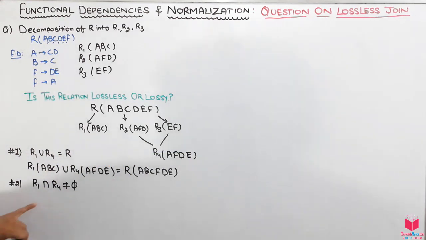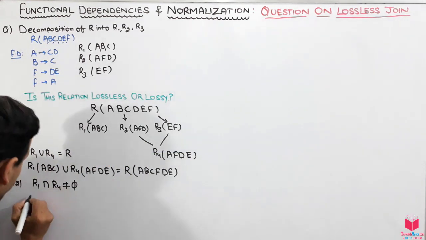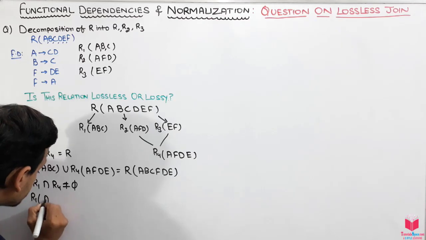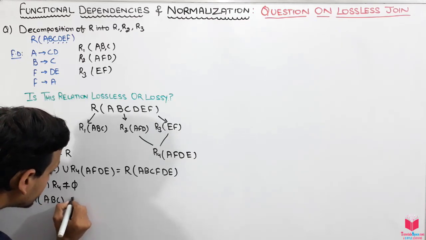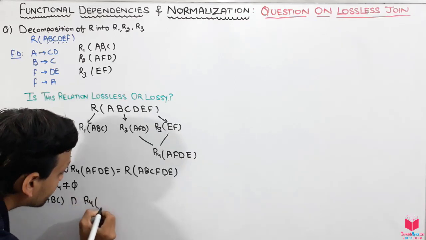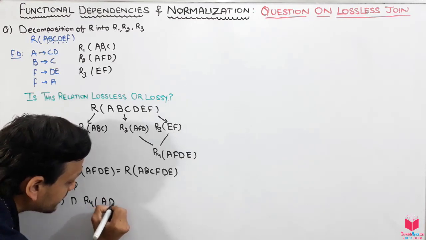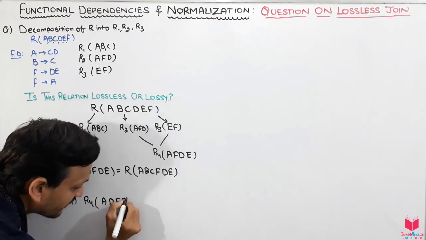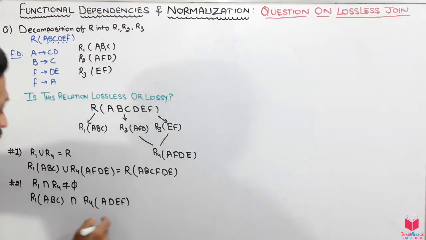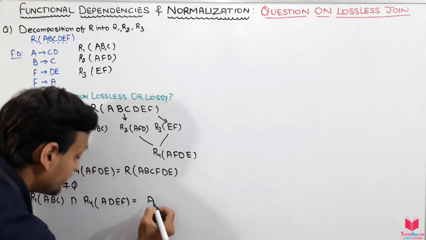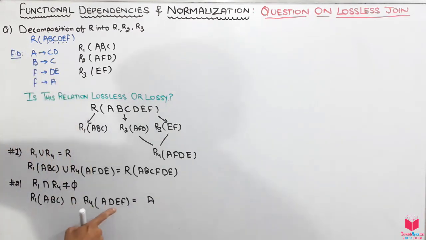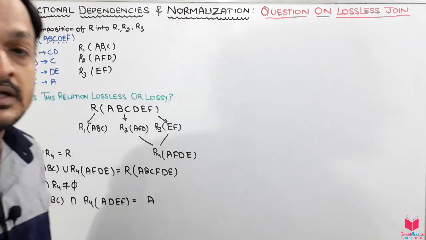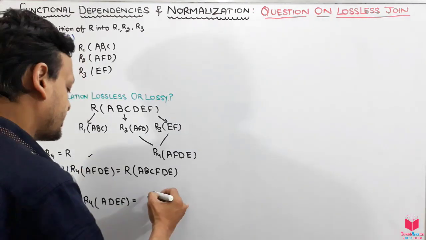Now check this one: R1 contains A, B, C, intersected with R4, that is A, D, E, F. Let's see what the intersection will be. A is here, so A will come; B is not there, nor C. Only A will come, which means it satisfies the second condition as well. That means it passes the first and the second condition.